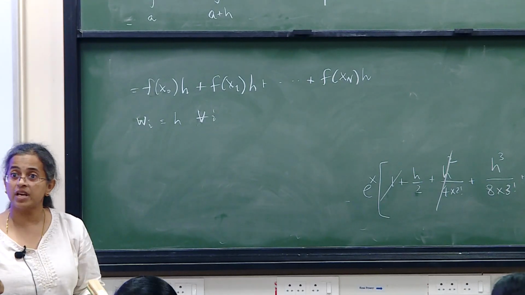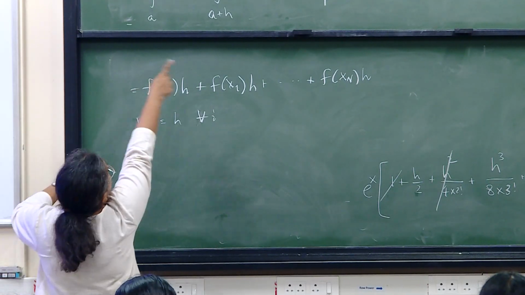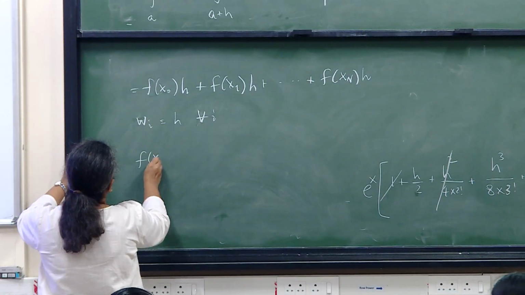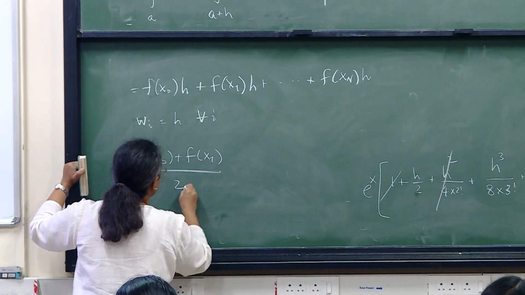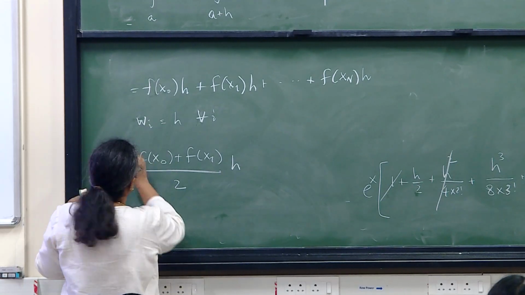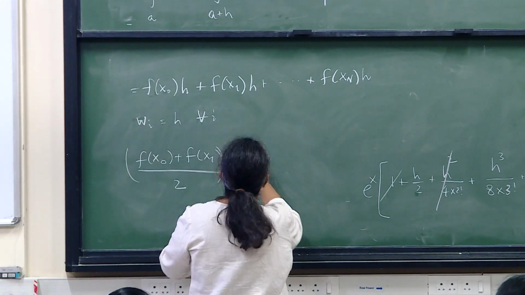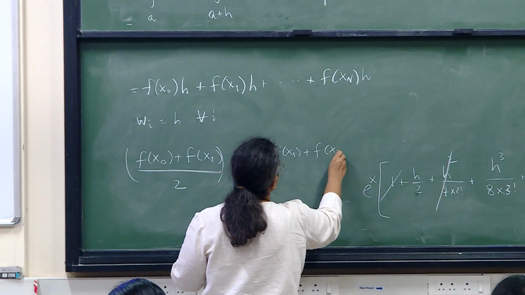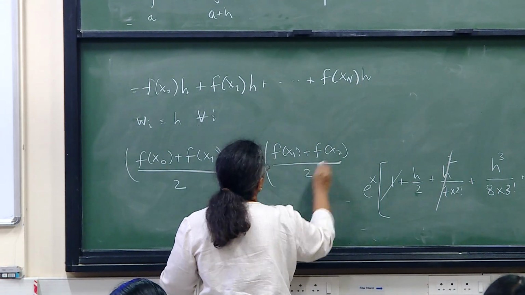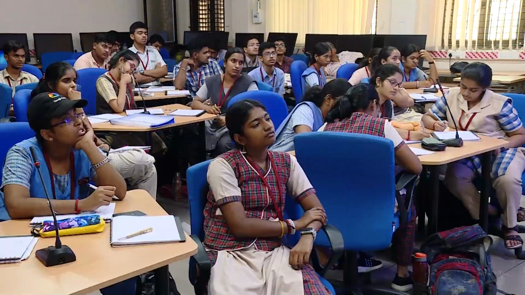So what is the area of a trapezium? If I take the same thing, it will be f of x0 plus f of x1 by 2 into h, correct? The second will be f of x1 plus f of x2 by 2 into h, plus etc.